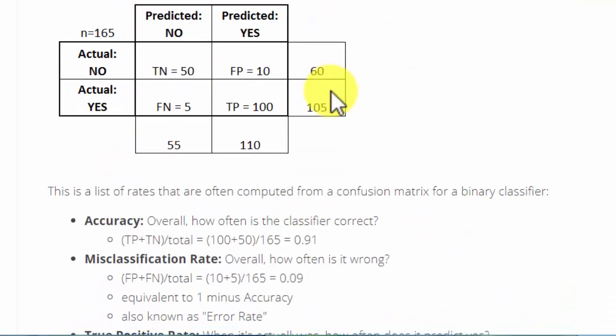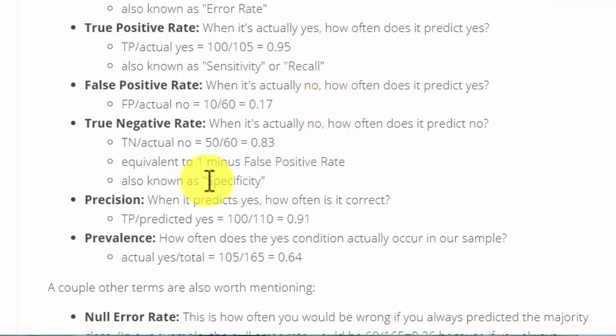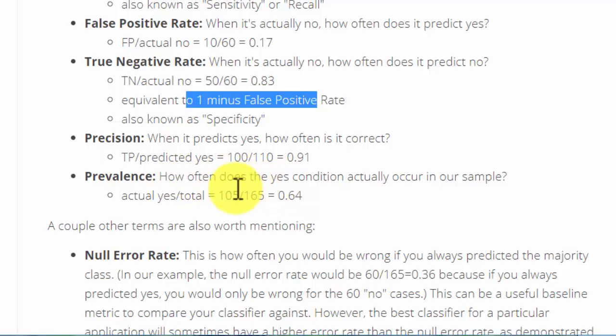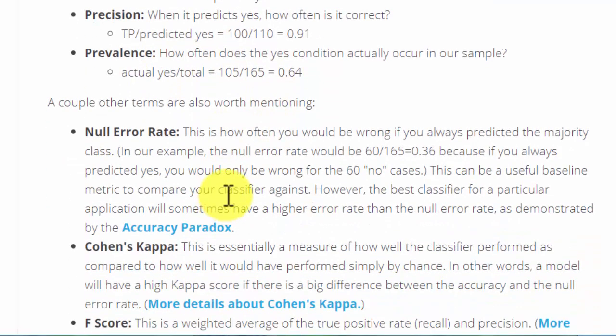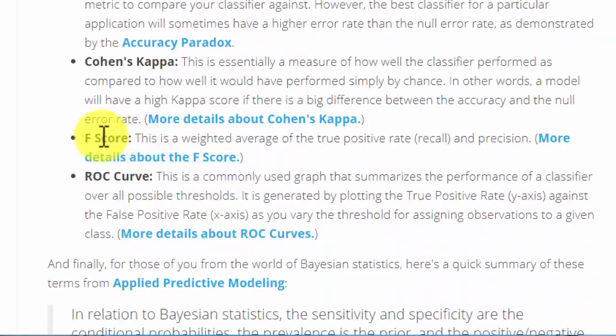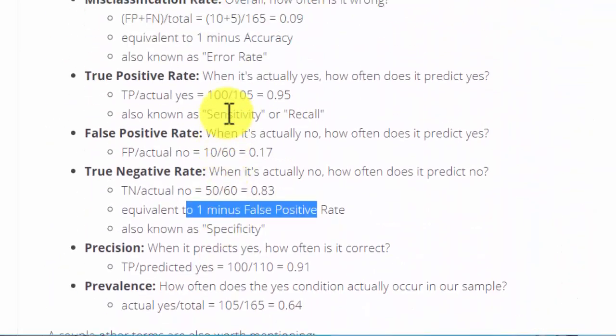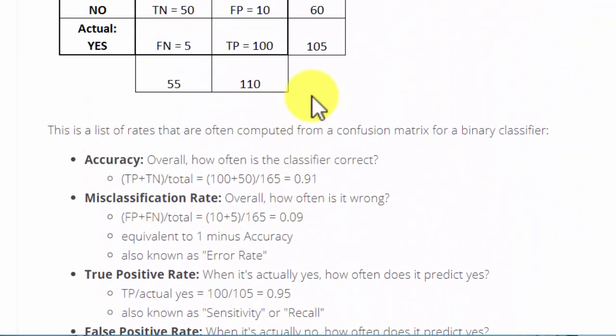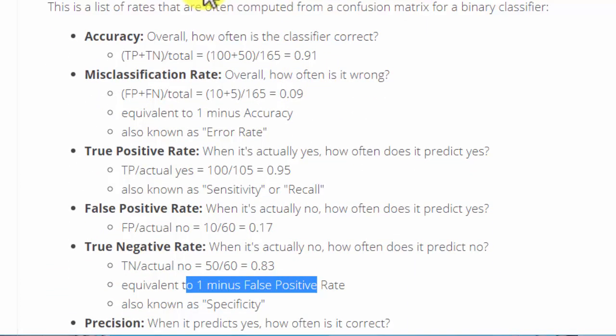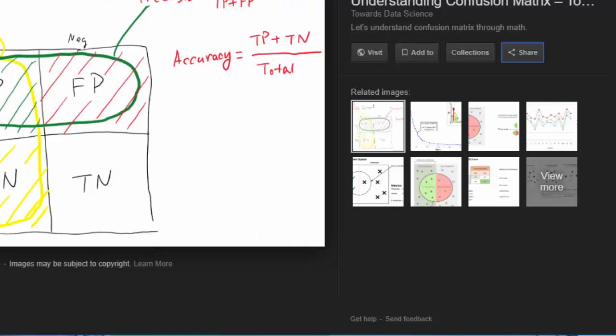There are some other ones like specificity, which is 1 minus the false positive rate, and prevalence, and different kinds of things. And there are also things called F scores, and those are all different ways to measure it. Depending on your project, you may want to prioritize one over the other. But these are just general ways of evaluating a machine learning model.